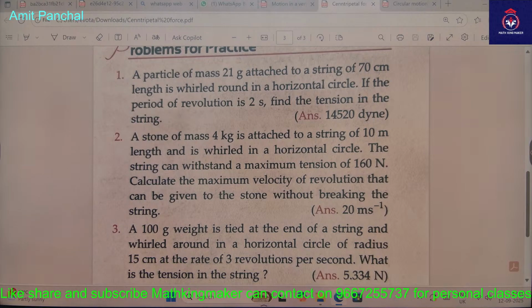Now we need to find the tension. In this entire Newton's laws of motion, if you understand which force is balancing which force, then the problem is solved. If you are able to make a free body diagram, then your question is solved.